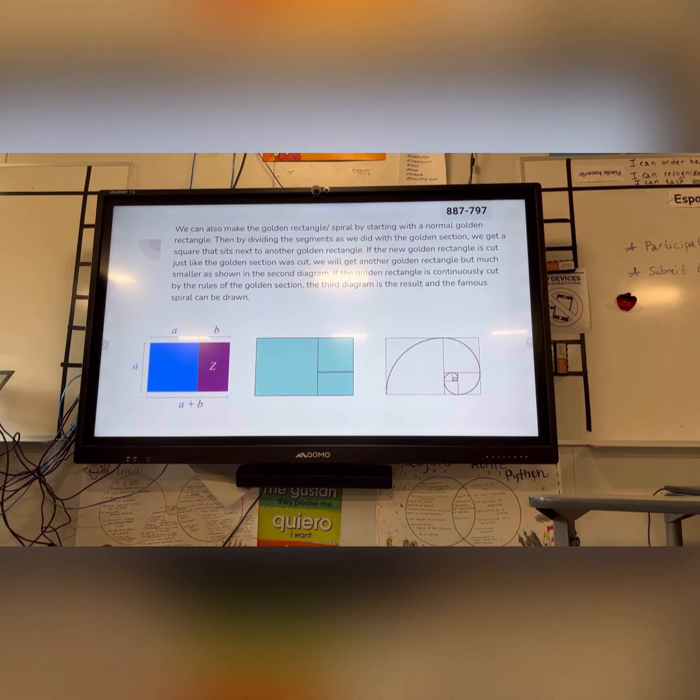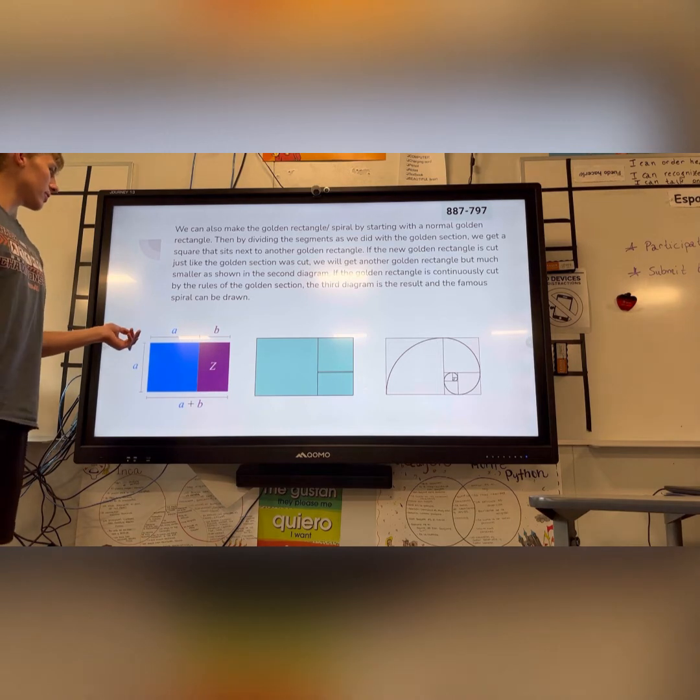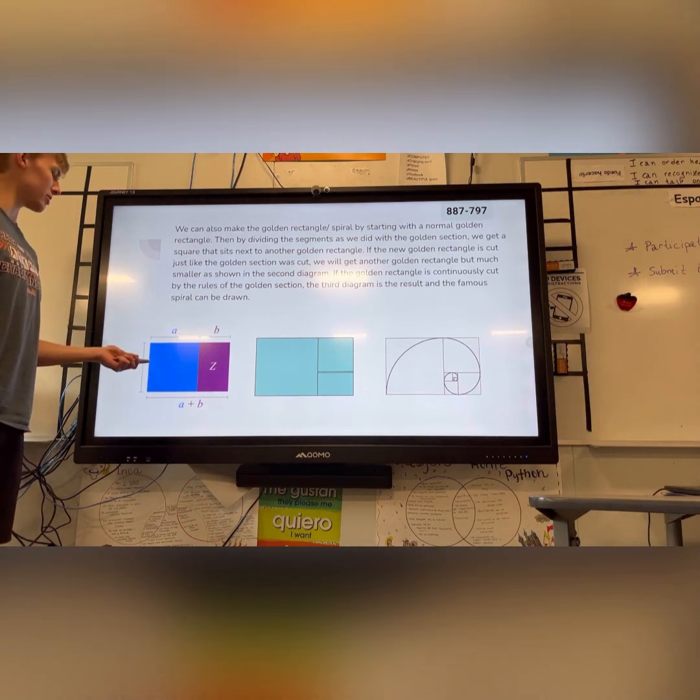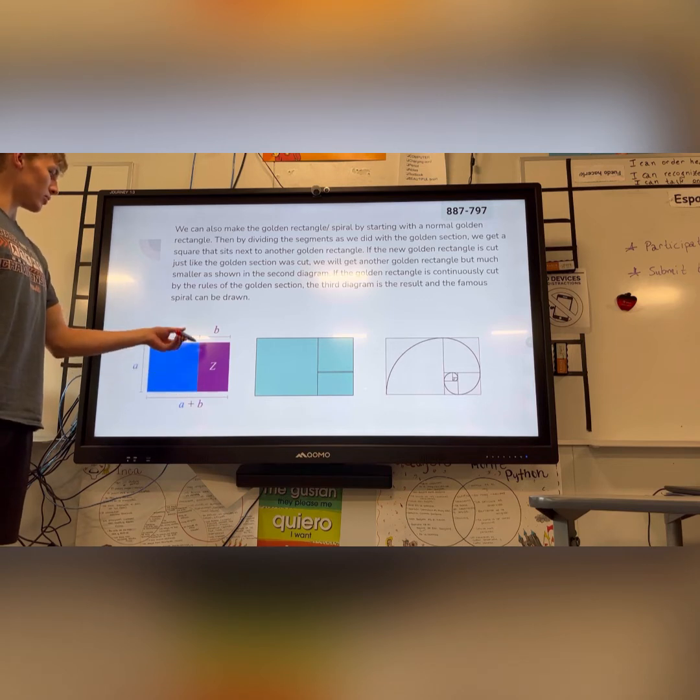So this slide right here is basically the same thing that Zach just explained. It's just a little easier to understand. We start out with a rectangle with the same dimensions as the golden section. Remember, this is point C, cutting the line right here.